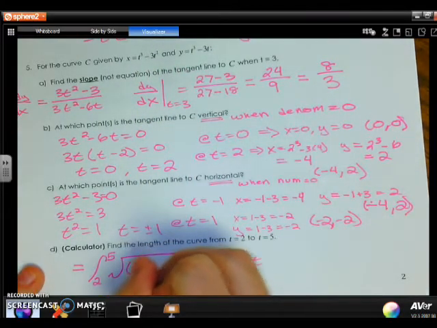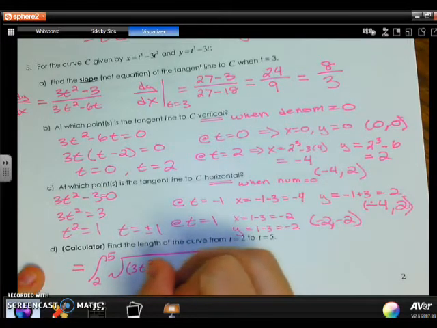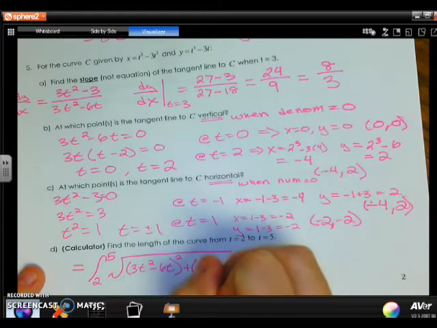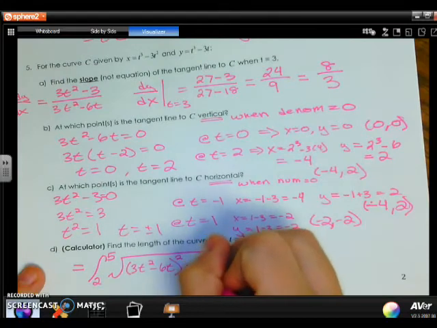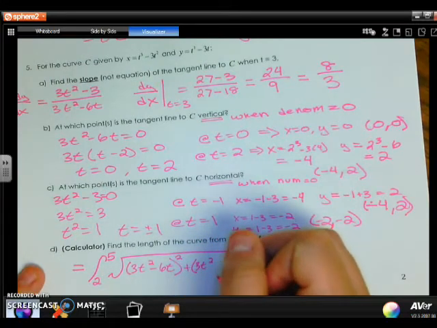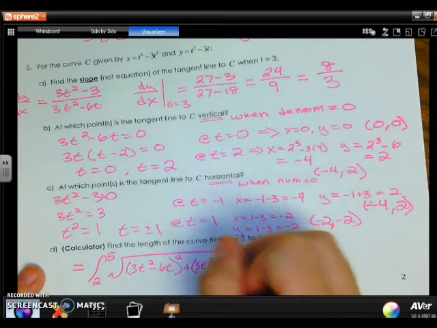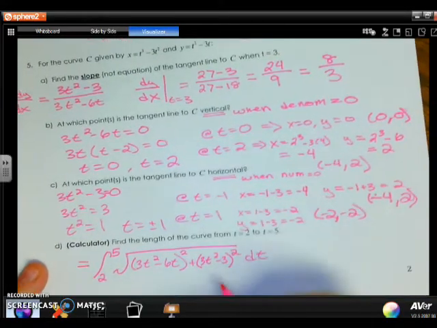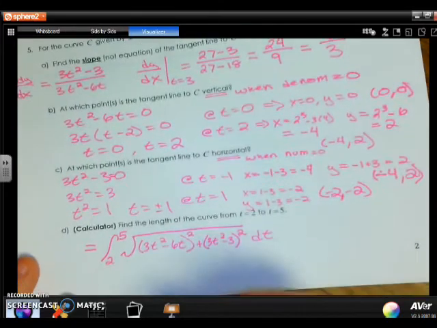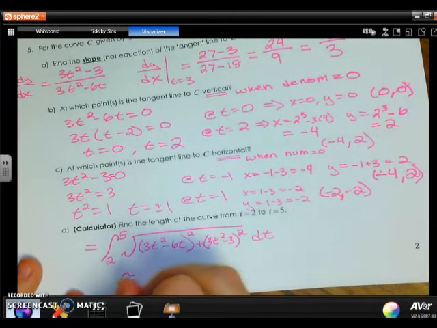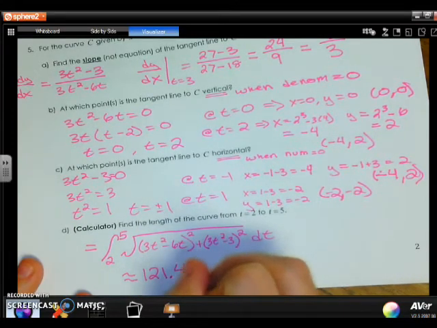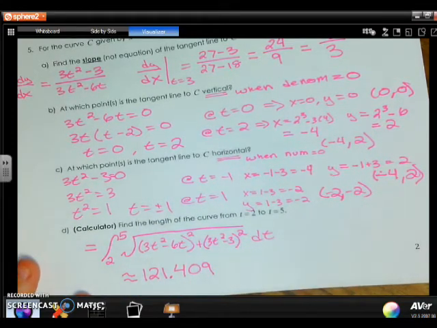So it's going to be 3t squared minus 6t, that quantity squared, plus the derivative of y, which is 3t squared minus 3, quantity squared. You can use your calculator via Math 9. And when I plug that in, I got 121.409 as my answer there.